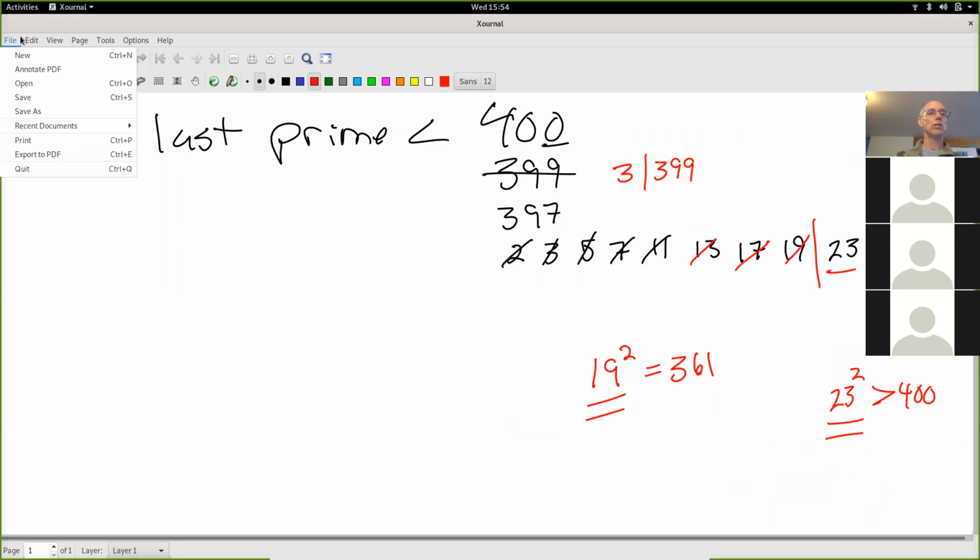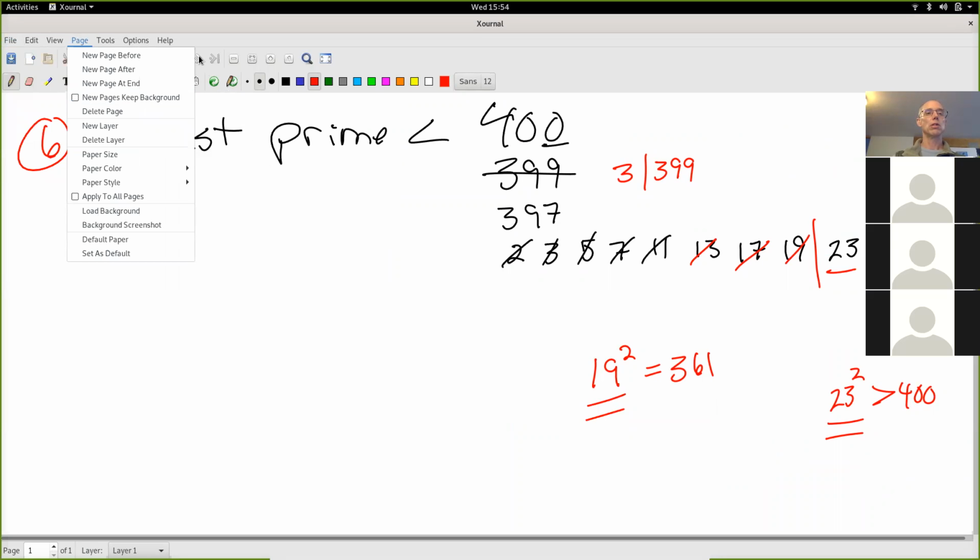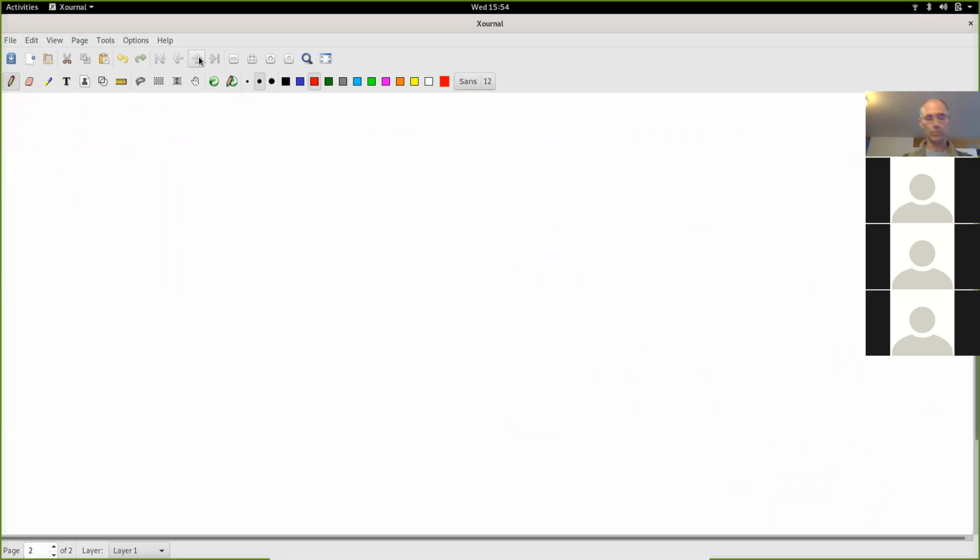So new page, wrong button. There we go. So testing for primes is what we're talking about here.